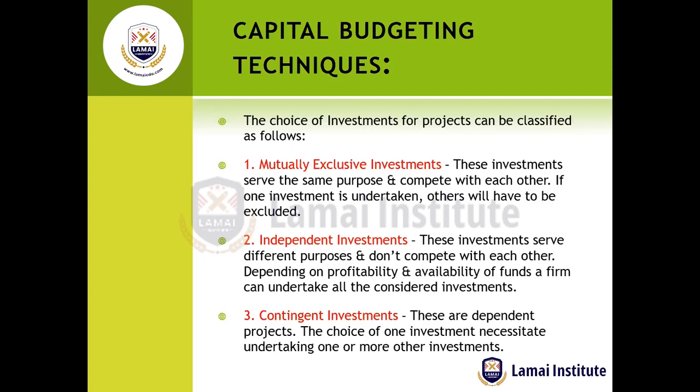If you consider one investment, then definitely you can't do away with the other one. They go together, so they have that contingency dependency, and it's important to be able to understand them as contingent investments.